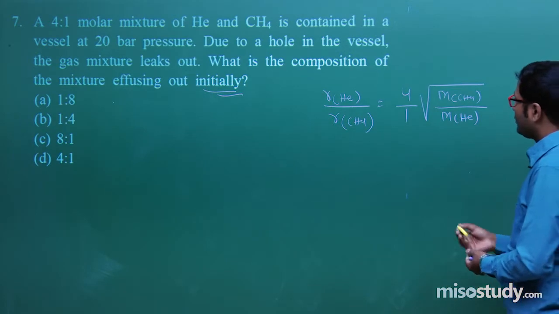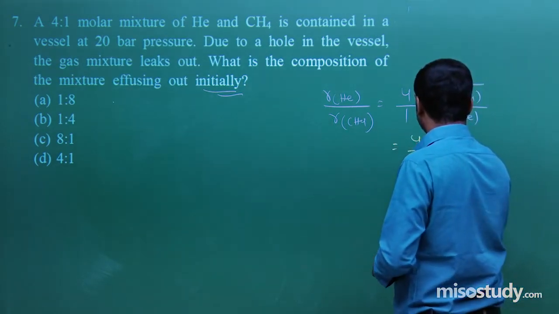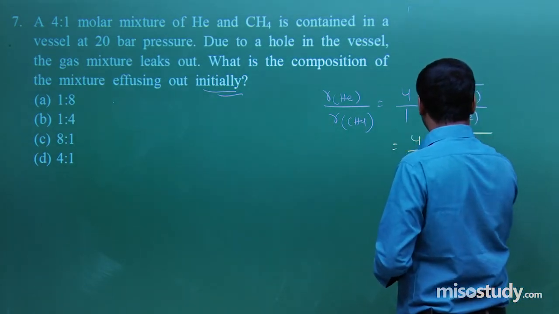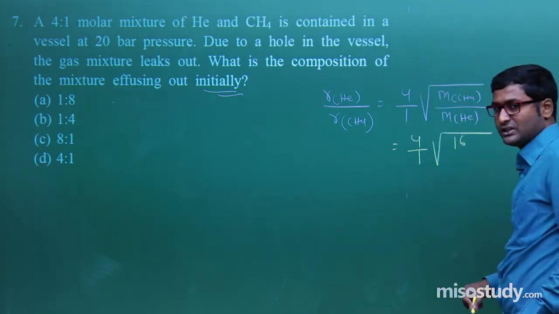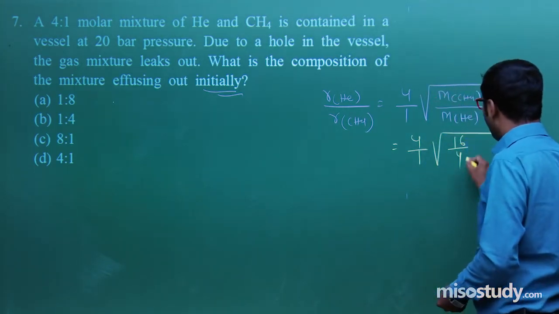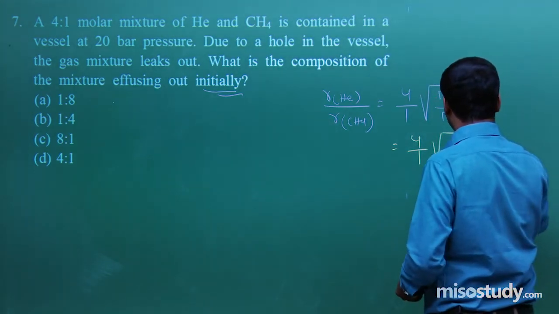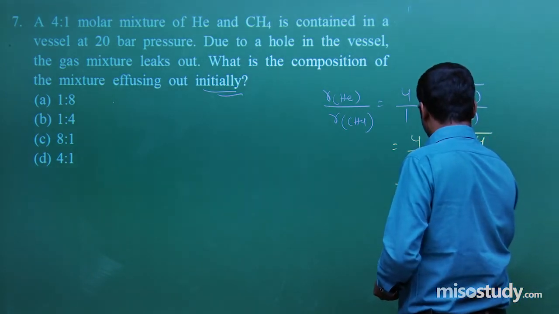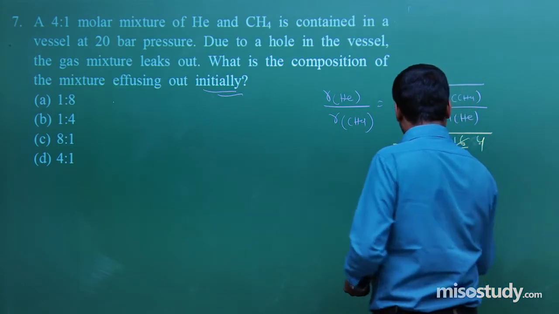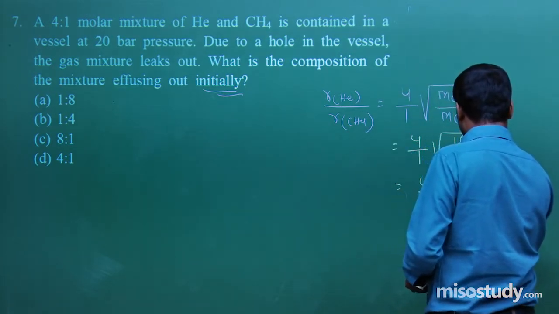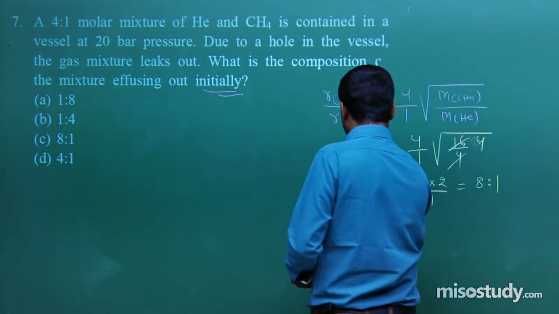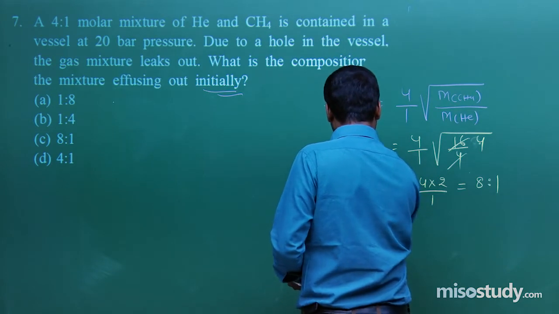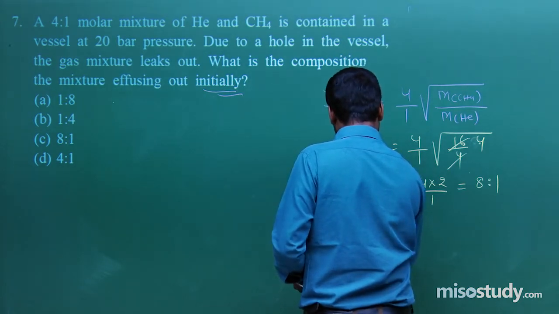Clear friend? Now put the value here: 4:1, the CH4 molar mass is equal to 16, and for helium it is 4. This will cancel, that is 4, and the root of 4 is 2. So 4 into 2 upon 1, that is 8:1, that is r_He upon r_CH4.